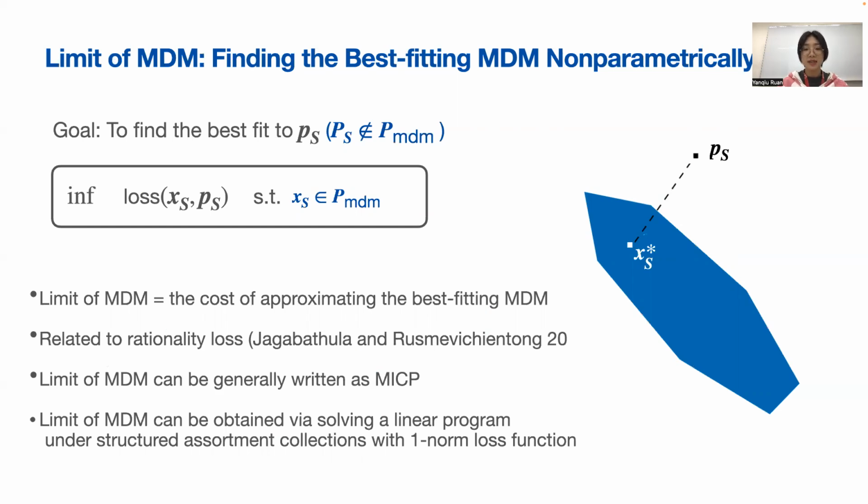A similar notion has been used to quantify the rationality loss for RUM. To solve the limit of MDM, we develop a generally applicable mixed-integer convex program. If the loss function is chosen to be the one-norm and the collection has special structures, the limit of MDM can be obtained by solving a linear program.